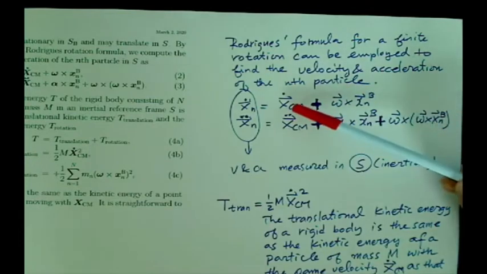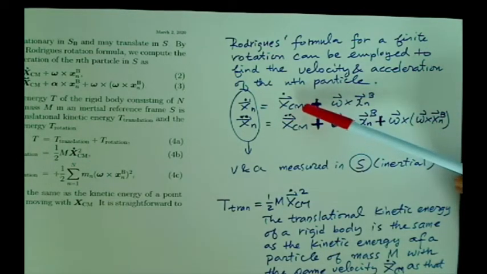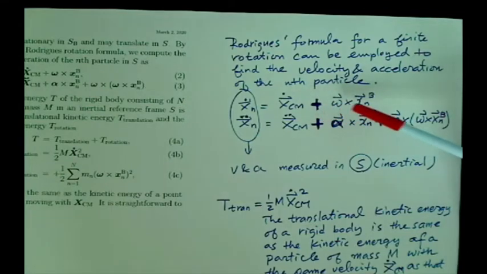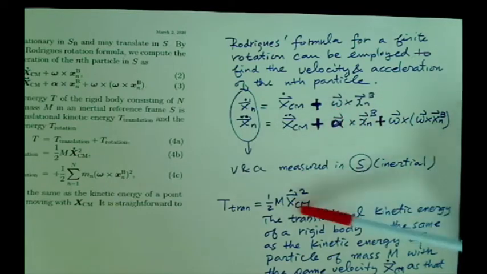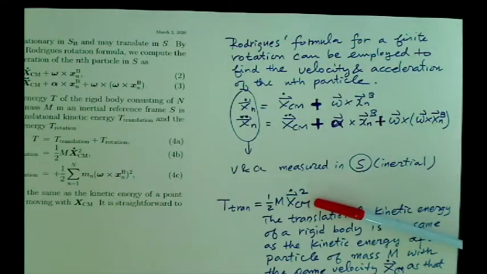As far as the first time derivative is concerned, it is the rigid body's center-of-mass velocity plus the additional velocity each particle has relative to the center of mass. That is omega cross the lever arm, the position vector from the center of mass. We assume that the axis of rotation is passing through the center of mass.